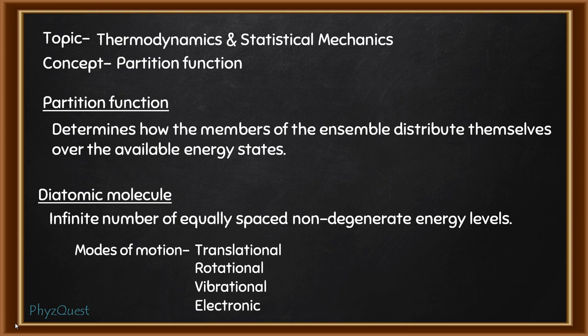So these are 4 modes of motion. Each of them will contribute to the molecular partition function. So the molecular partition function will be a combination of the translational, rotational, vibrational and electronic partition functions.